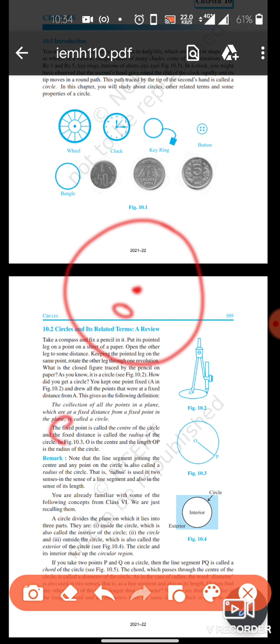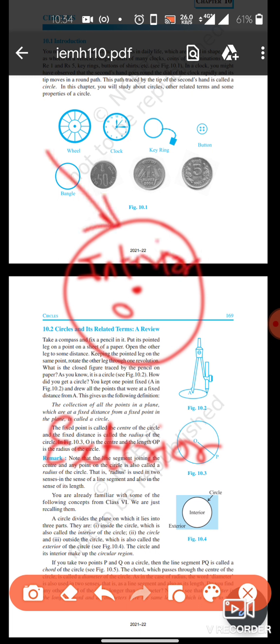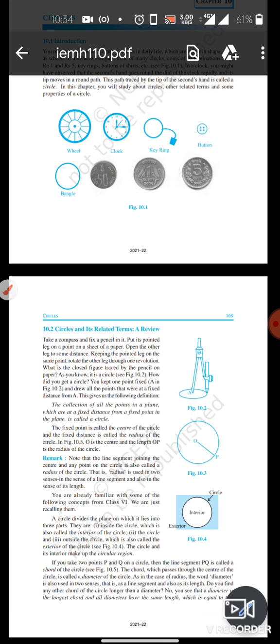First is the exterior of the circle. Second is the interior of the circle. And third is on the circle, that means on the circumference of the circle. This way I got three parts: on the circle, interior of the circle, and exterior of the circle.